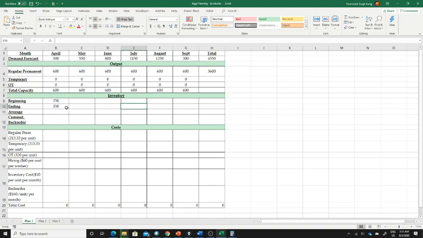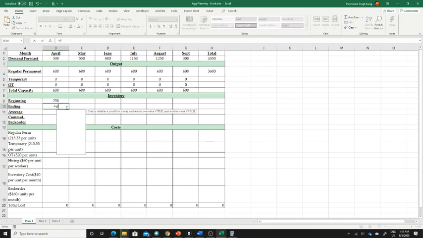So what we can do here is modify this slightly. I can use a conditional statement here. So I will say if the ending inventory, so we are calculating ending inventory using the total capacity plus the beginning inventory minus the demand, right?